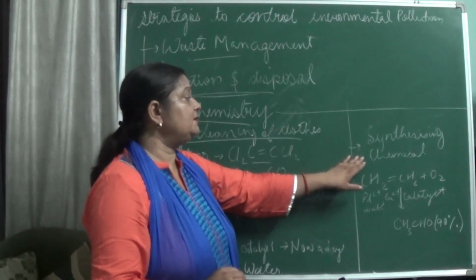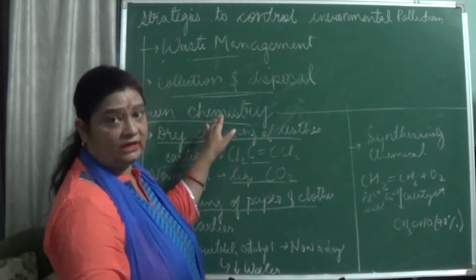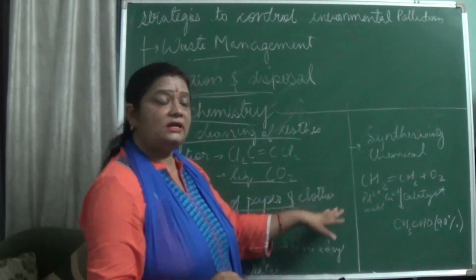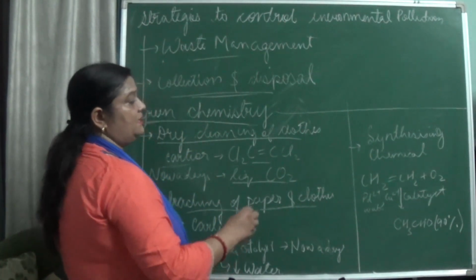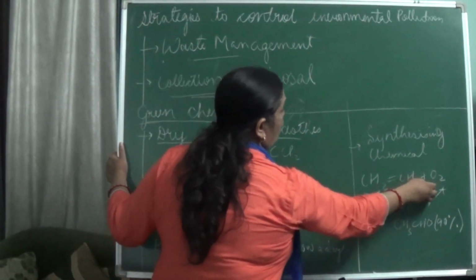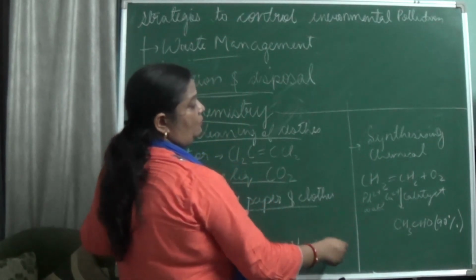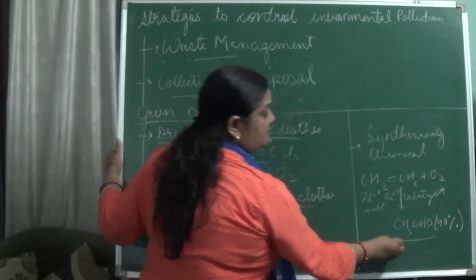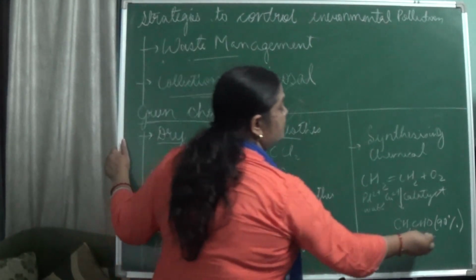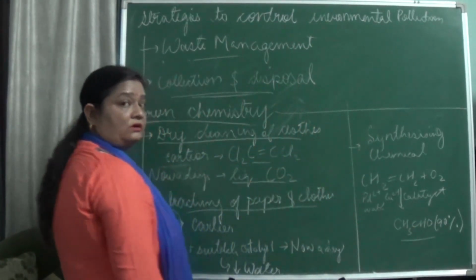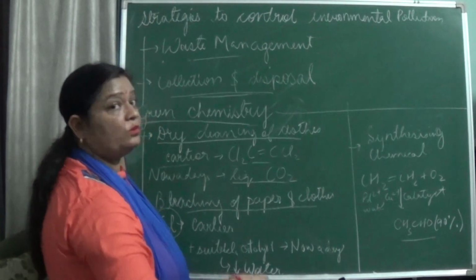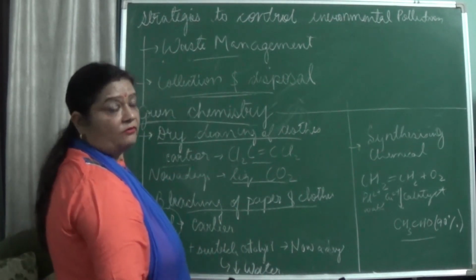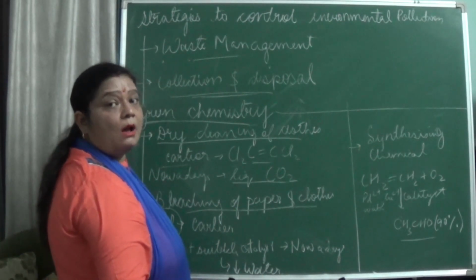So synthesizing chemicals was also an initiative of green chemistry. Just an example has been taken: ethene plus oxygen in the presence of palladium and copper and water as a catalyst gives acetaldehyde. This acetaldehyde is 90% pure, so it does not contain much impurity which would be seen again in the environment and cause environmental pollution.